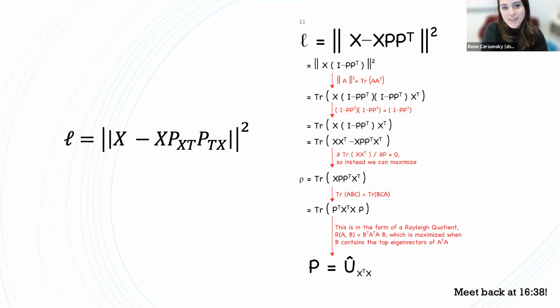We can maximize this Rayleigh quotient when our B, our outer piece, contains the top eigenvectors of the covariance matrix. So here's how we actually go from this loss equation all the way down to the eigendecomposition. And so that's why PCA is the result of taking an eigendecomposition with respect to our covariance matrix.